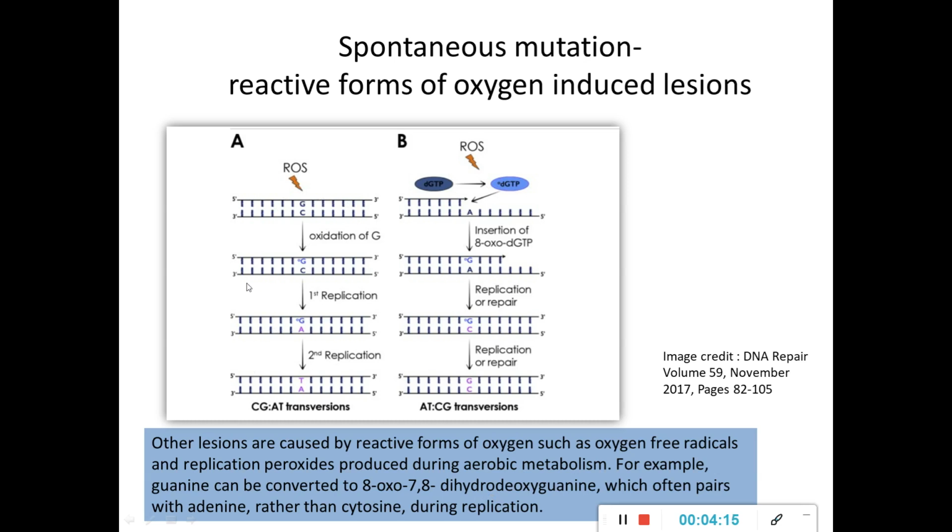But you need to note one thing: the GC base pairing has converted into AT. And sometimes an AT might get converted into a CG transversion. So as a result of reactive oxygen induced lesions, spontaneous mutations can result, and transversions can happen from GC to AT as well as AT to CG. I hope this is clear, and this would result in mutations during replication.